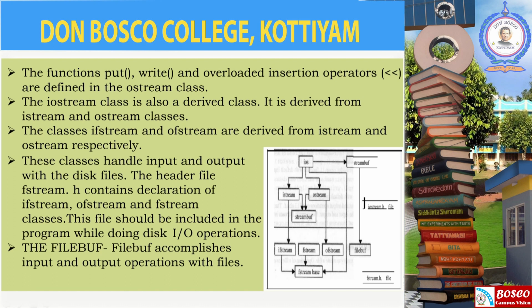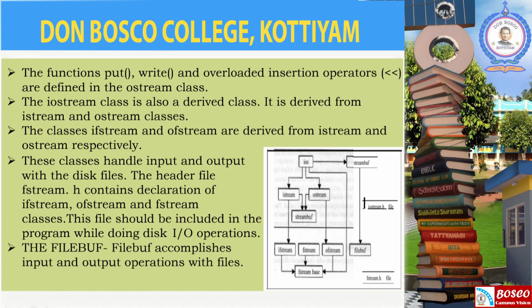Then the classes ifstream and ofstream. When I say the names, please refer to the figure also. The classes ifstream and ofstream are derived from istream and ostream respectively. That is, it will be having the properties of istream and ostream.